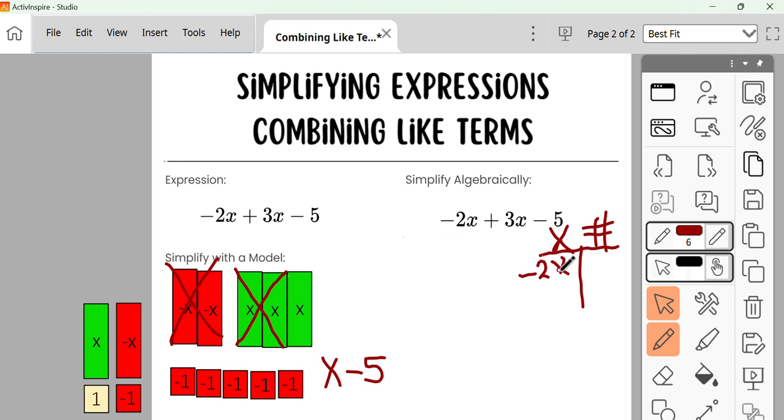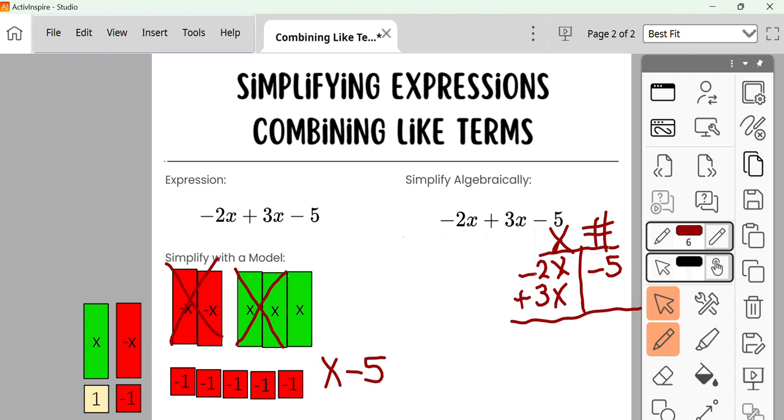It is important to bring the signs with it because if you miss them, it will really cause problems later. And a positive 3x. So I'm writing positive 3x. And then we have that negative 5. So I'm going to put that negative 5 over here. This is something Amber and I call a T-chart.